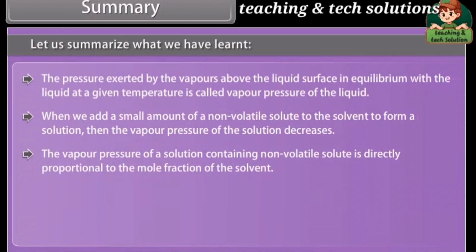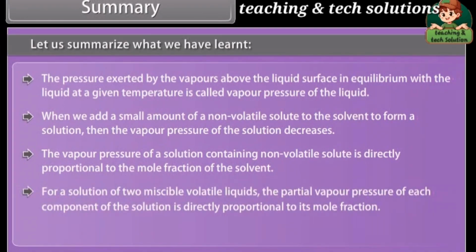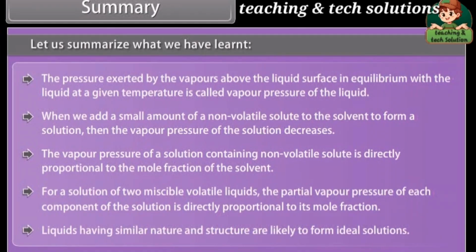of the solvent. For a solution of two miscible volatile liquids, the partial vapor pressure of each component of the solution is directly proportional to its mole fraction. Liquids having similar nature and structure are likely to form ideal solutions.